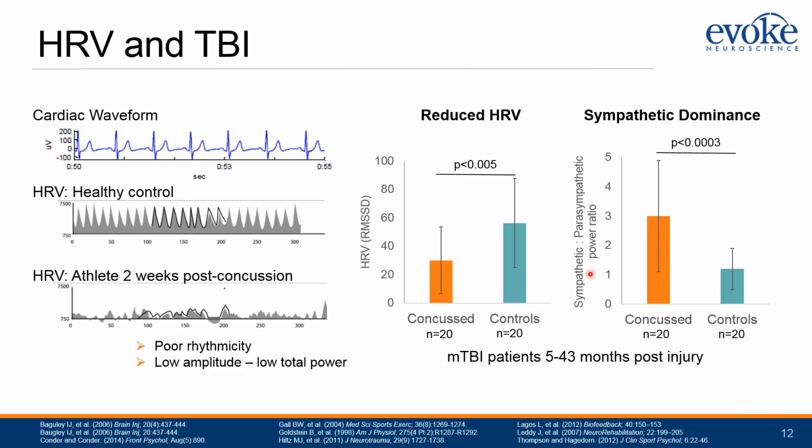Here on the y-axis, we're looking at the sympathetic to parasympathetic power ratio. Higher numbers mean there's more sympathetic activity than parasympathetic activity. We look at our concussed patients and see that they have more sympathetic activity compared to their parasympathetic than controls do. So when we look at our biomarkers, we're going to keep an eye out for reduced time domain, reduced HRV, and possible sympathetic dominance.